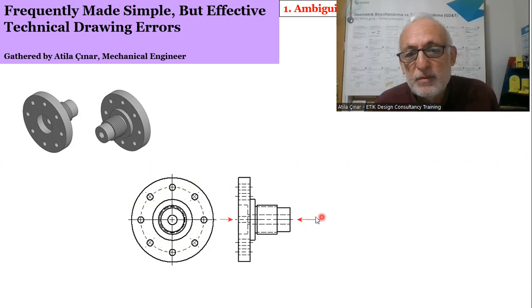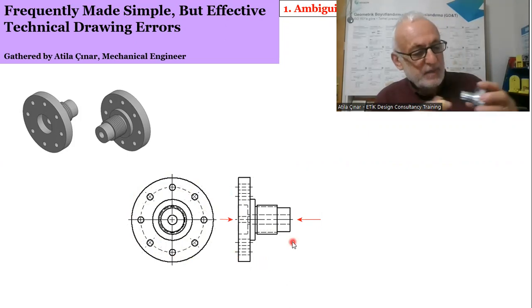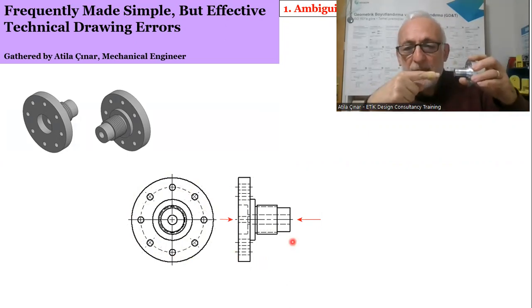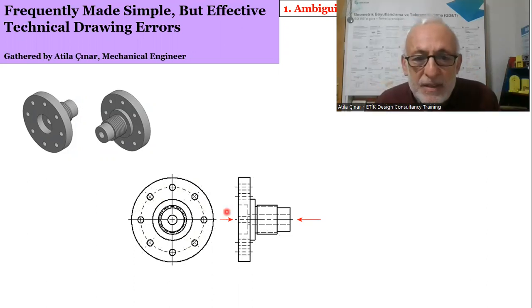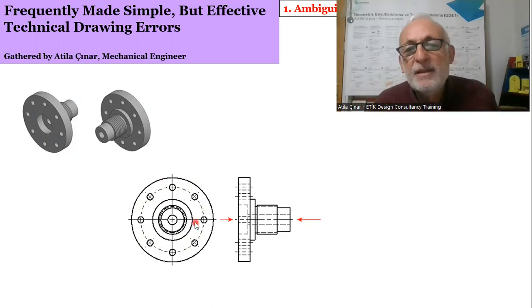When we look at the part from this side, we can see all these. This means the people making the drawing look at the part from this side and draw what they see to the other side. This is a method, of course.